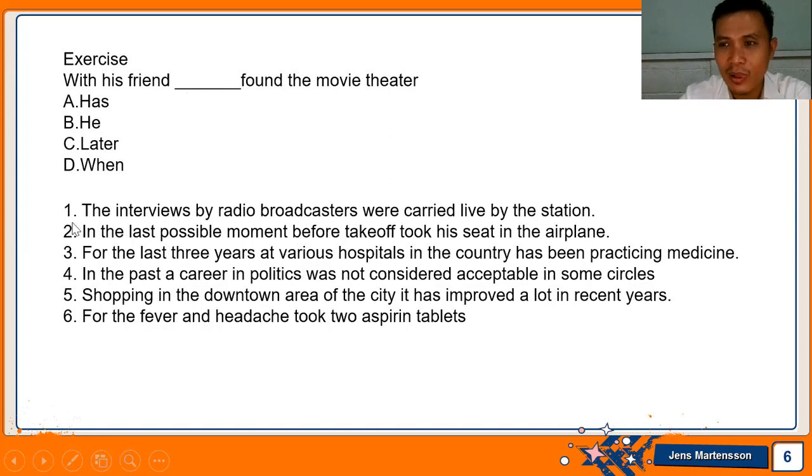Do you have any questions? No? Okay, we're gonna do number one. The interviews by radio broadcasters were carried live by the station. Is it a good sentence or not?